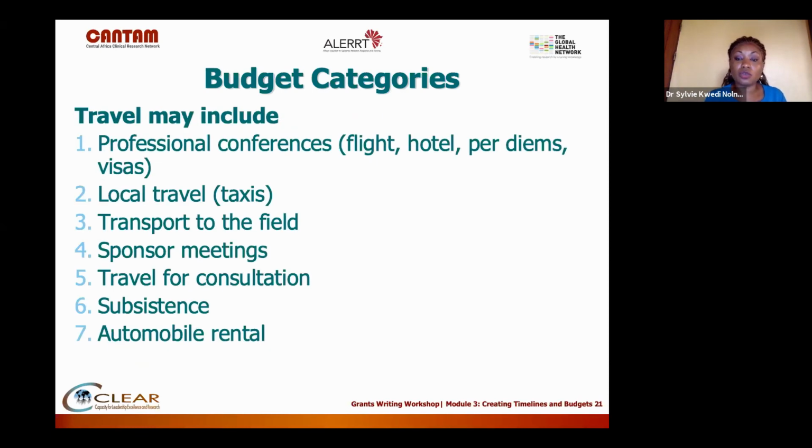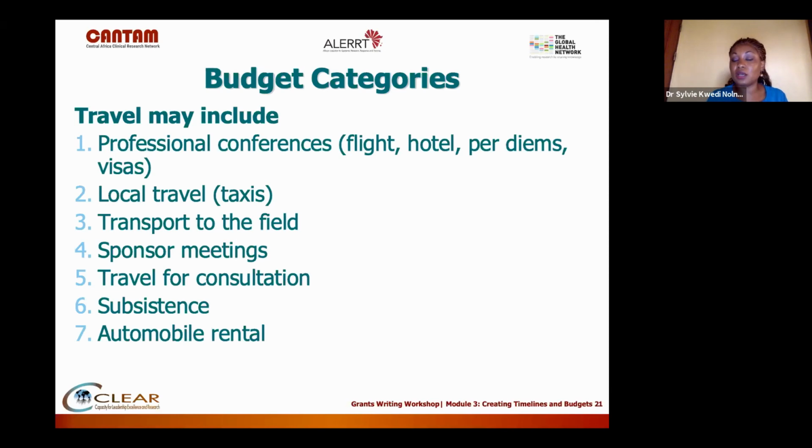I talked about travel. When you're budgeting international conferences, you have to take into consideration the flight, like I said, the hotel costs. You don't want to go and stay in a 4-star hotel. Sometimes they even give you some specific guidelines on how much to cost out for per diems.